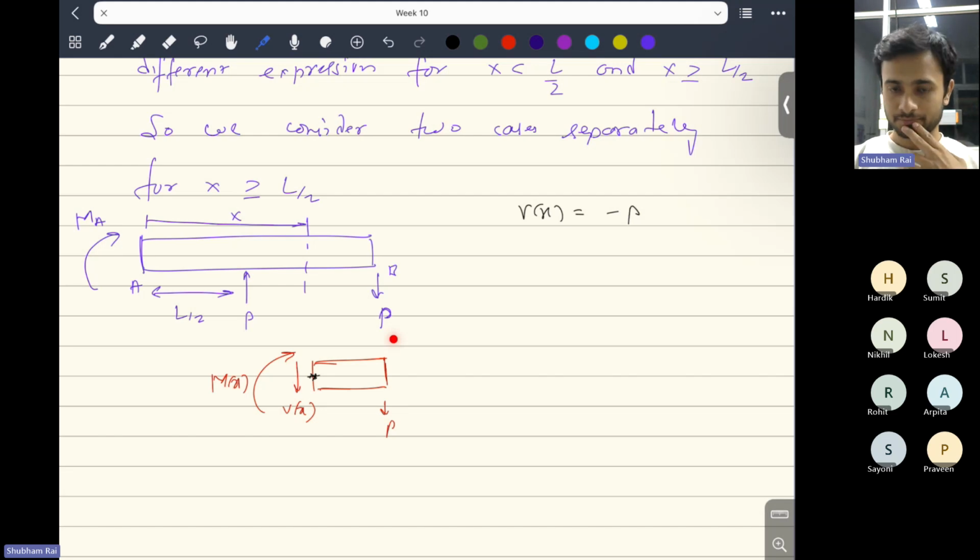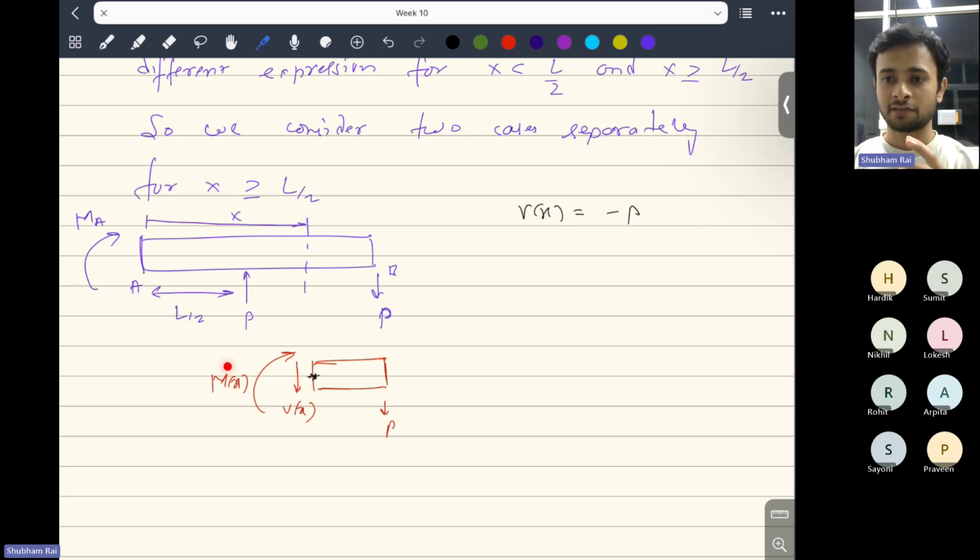But when we are writing equilibrium equations, we will treat this as external moment, not bending moment. So bending moment is used to calculate stresses.